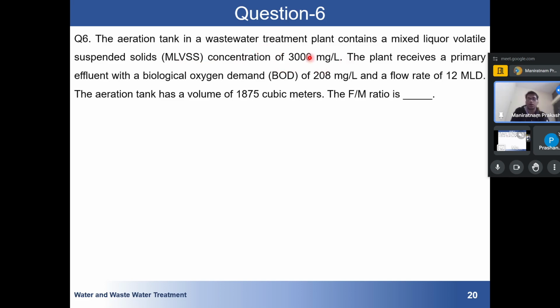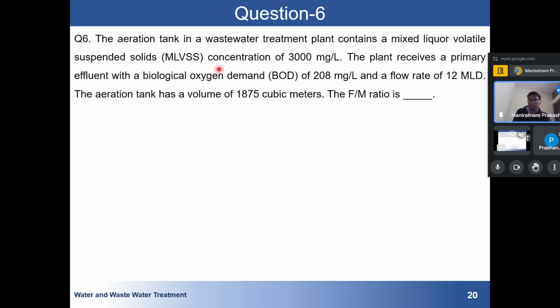So you can imagine how much suspended solid is there, and that is volatile in nature, with a concentration of 3000, meaning in 1 liter you are getting 3 gram. Now remember, when we generate wastewater, it's in 1000 liters. So how much suspended solid will be there? The plant receives a primary effluent with a biological oxygen demand of 208 milligram per liter.